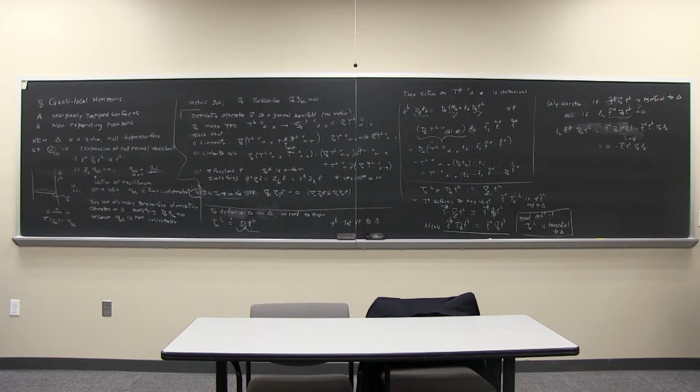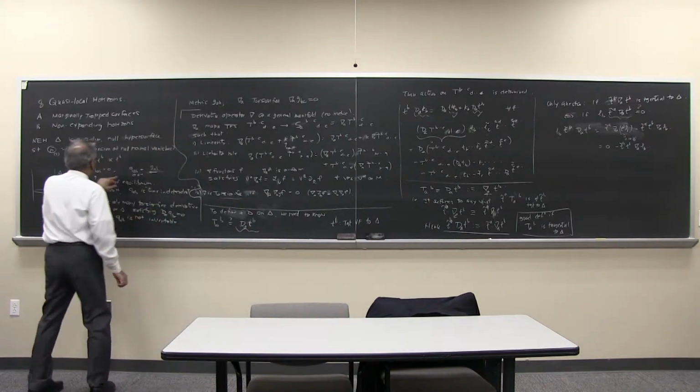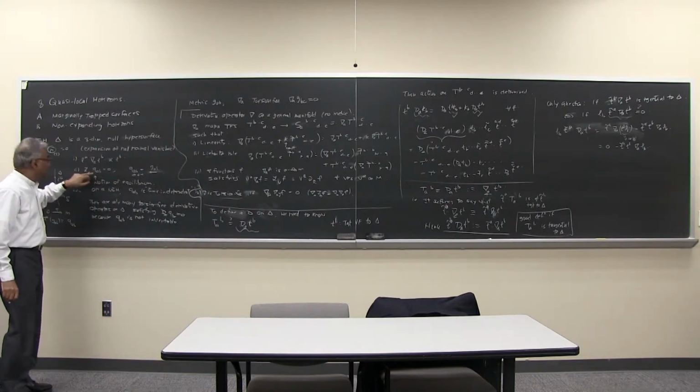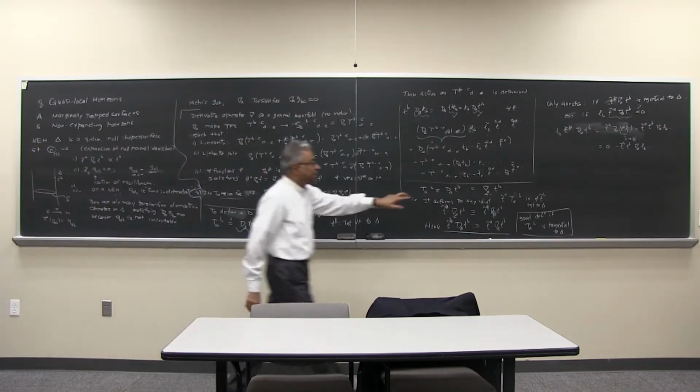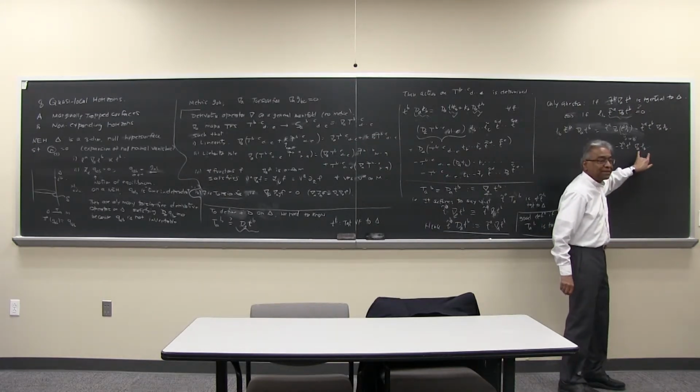And yesterday, when we sketched the argument, when we showed that the Lie derivative of QAB equals 0, the Lie derivative of QAB was a symmetrized derivative up here. We had exactly this thing, except that this was symmetrized.